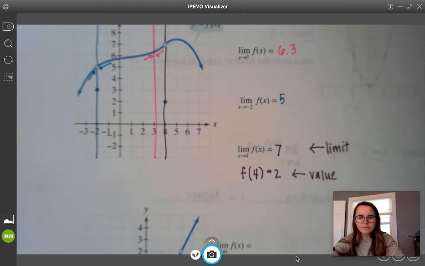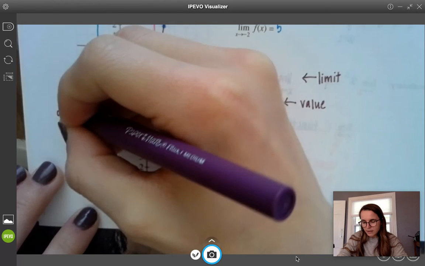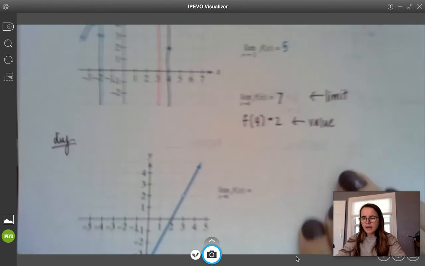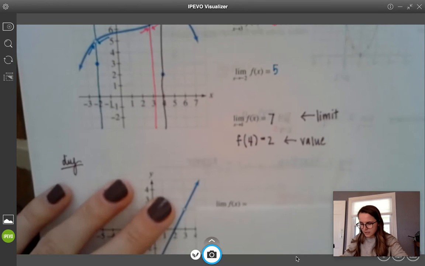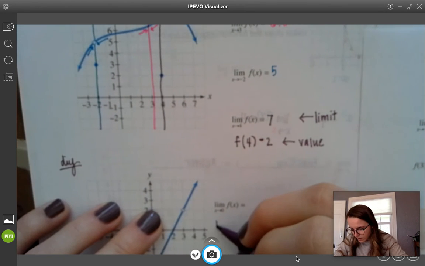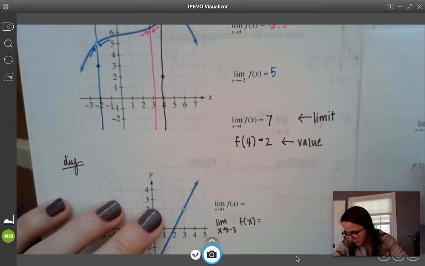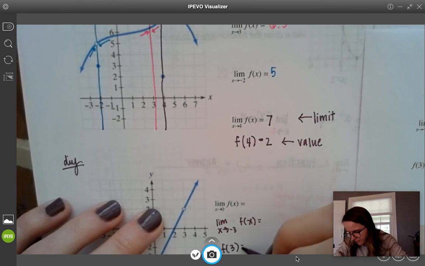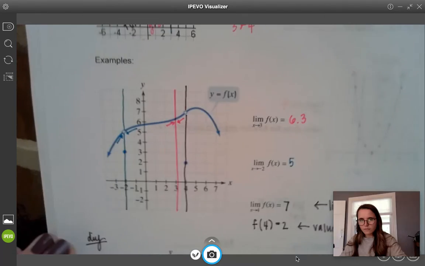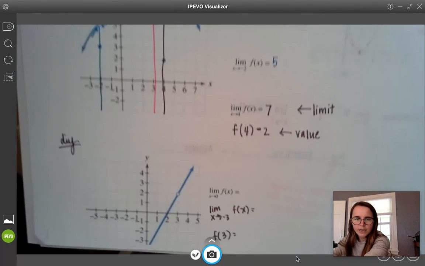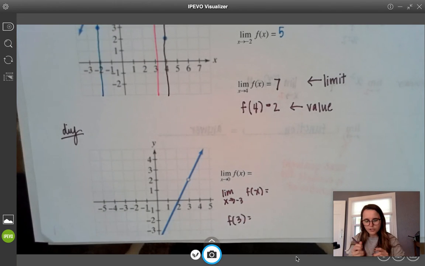Okay, this next part here, I want you to go ahead and try this last part by yourself. Kind of leaked onto the next page, I think. So I'm going to go ahead and write these down here while you're working. Limit as x approaches -3 of f of x and f of 3. Looking at this last example here, again, I want you to try it on your own first, but we'll finish it up.